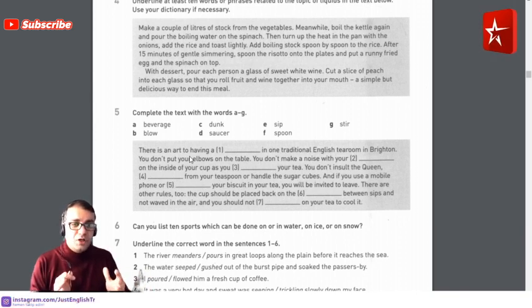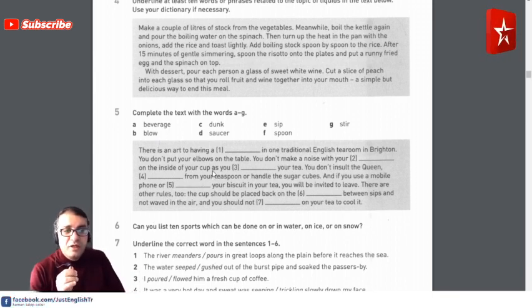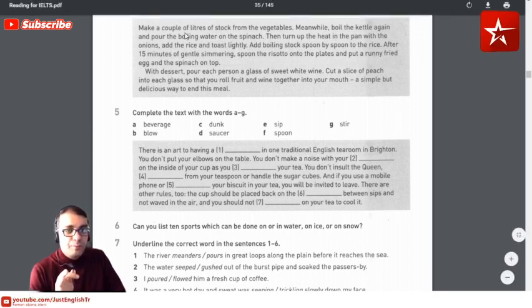Now I want you to look at beverage, blow, dunk, source, sip, spoon, all these. Remember, we complete the text with the words from A to G. Now compare this one and this one.